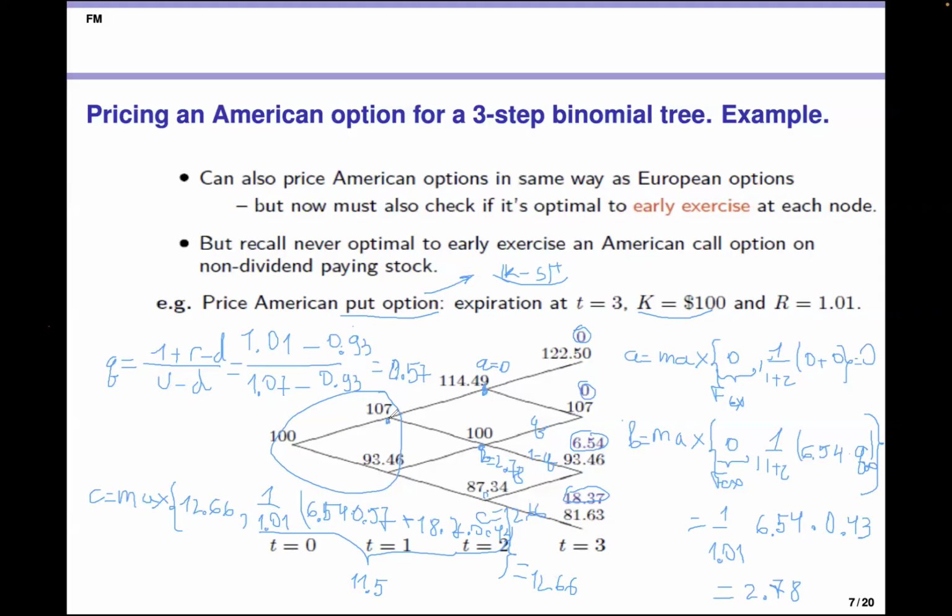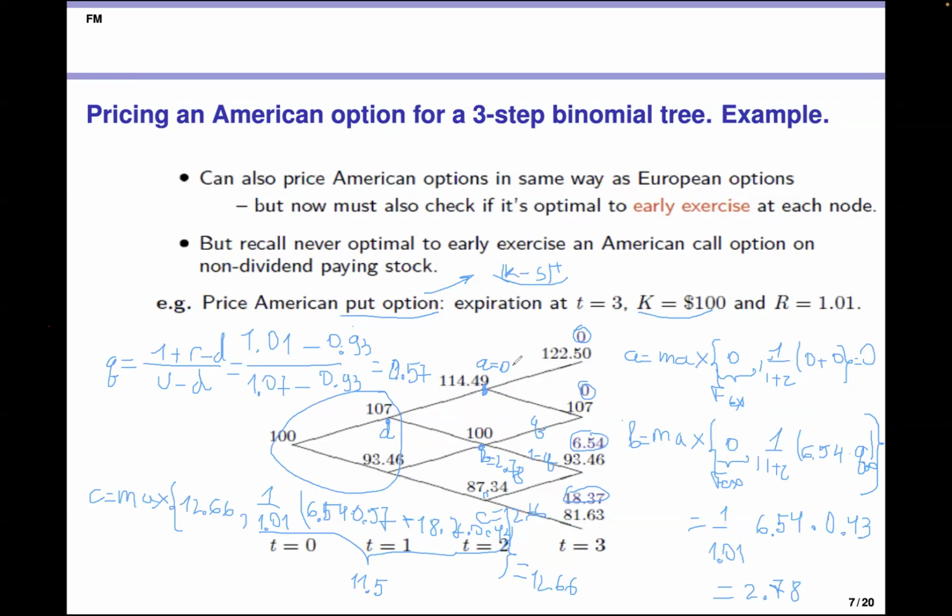For example, it is node D, and we need again the maximum between the price of immediate realization, which is 100 minus 107, so it is 0, and the price of waiting, 1 divided by 1.01, and the mathematical expectation of the values 0 and 2.78.